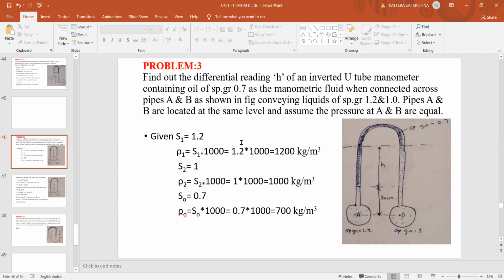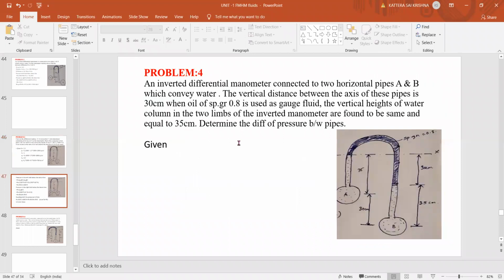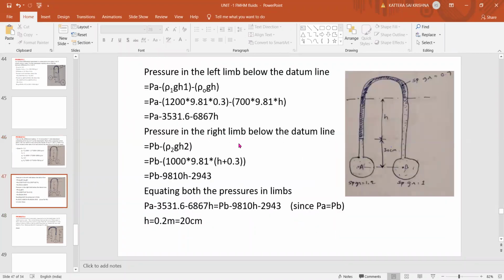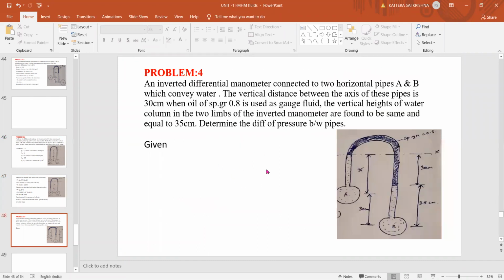Can I go for the next problem? Or if you need time, you ask me. I will keep the slide as it is, or we'll go for the next last problem. But this is the inverted differential manometer. Yes, Shashi, finished? Yes, sir. Okay. I'm going for the next slide. Next problem. Right. See the problem.